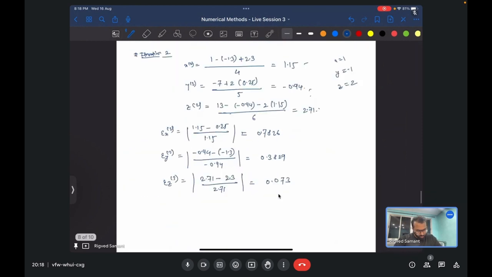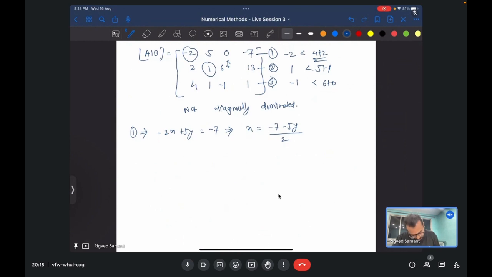The second equation, 2x plus y plus 6z is equal to 13, will give the equation of y: 13 minus 2x minus 6z.